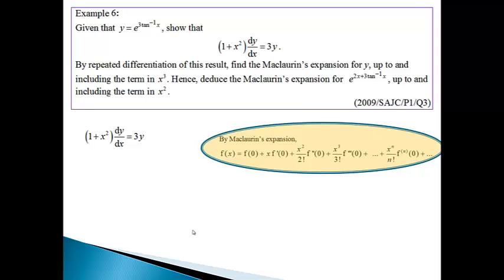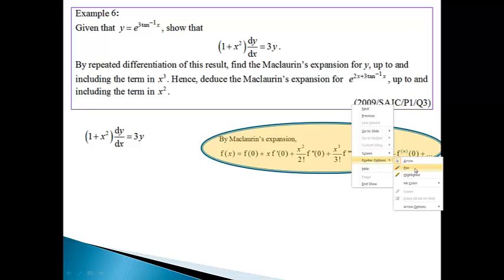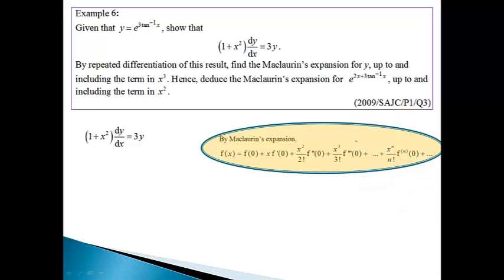Right, for the next part of the question, it says this: by repeated differentiation of this result, find the Maclaurin's expansion for y up to and including the term x cubed. So in other words, my expansion must stop here.